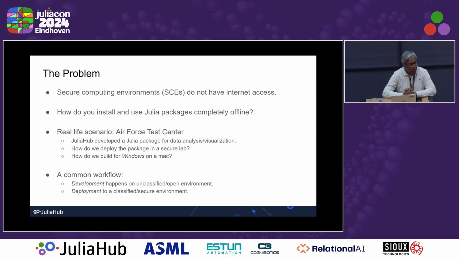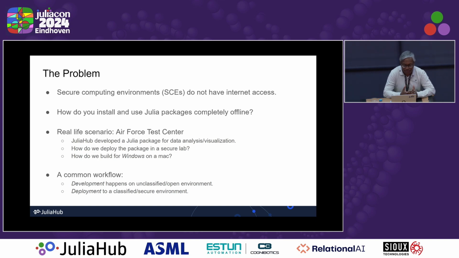But a lot of the deployment happens on classified or secure networks where internet access is completely not available, primarily because the data in those environments are very sensitive, right? So even though the code that is being developed may not be that sensitive, the data that it operates on is very, very sensitive.